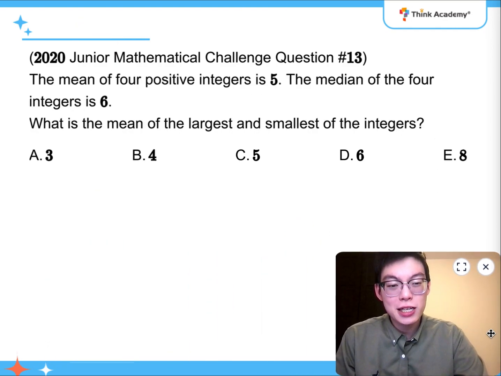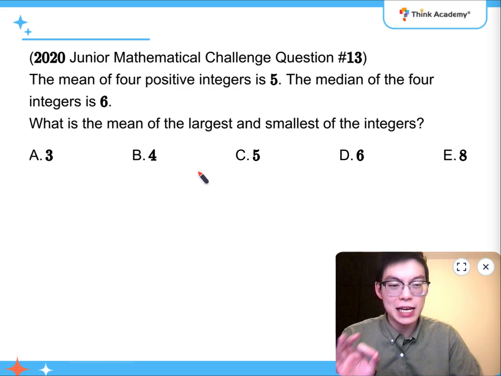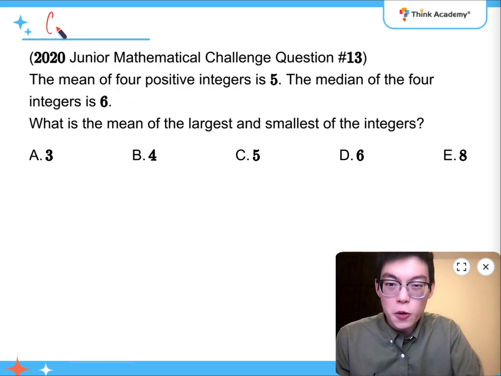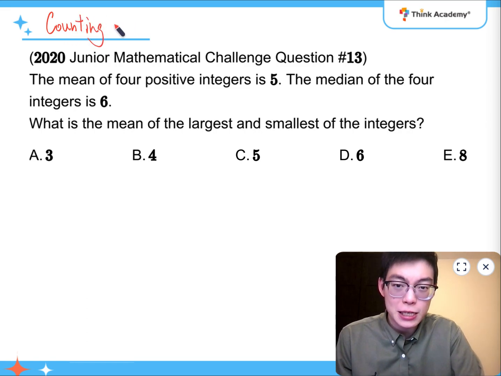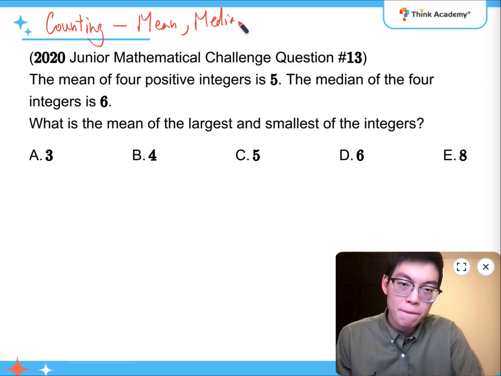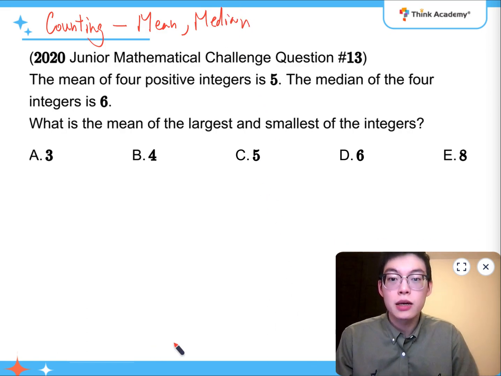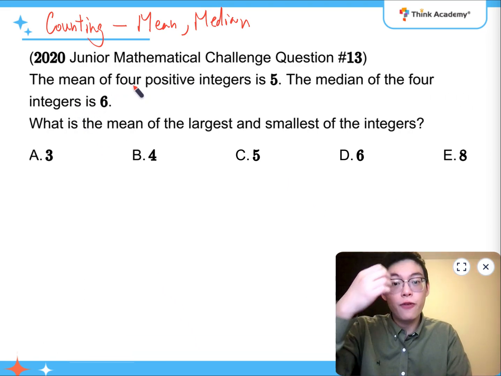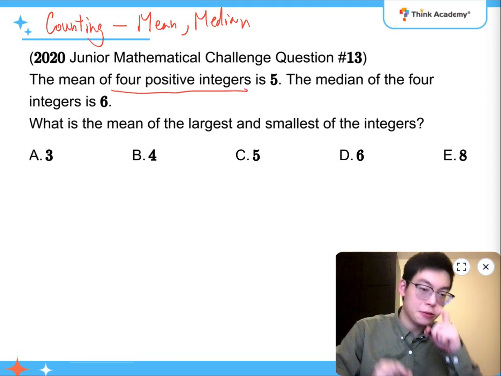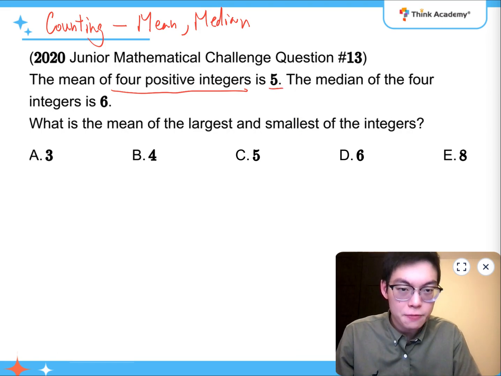As for question number 13, this one is really testing your concepts. So I would say that it belongs to statistics, which belongs to counting, essentially. So it's about the mean and the median. We know that there are 4 numbers in the list, and the mean is 5.